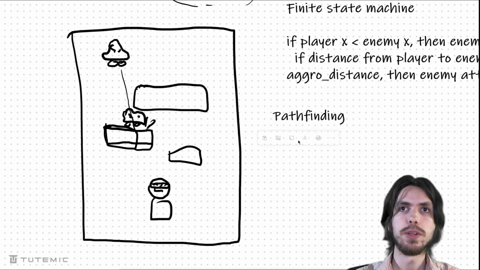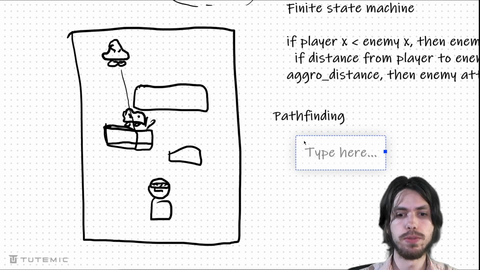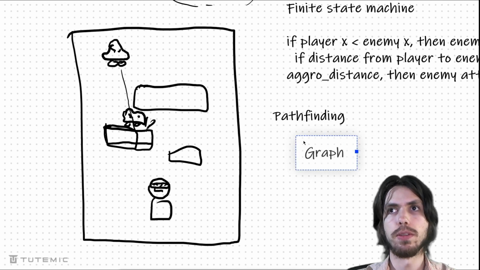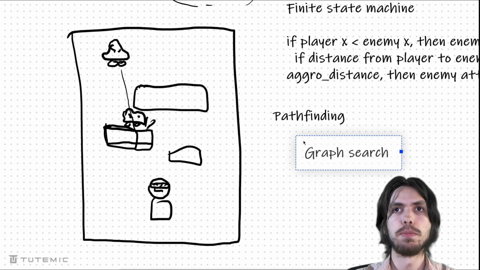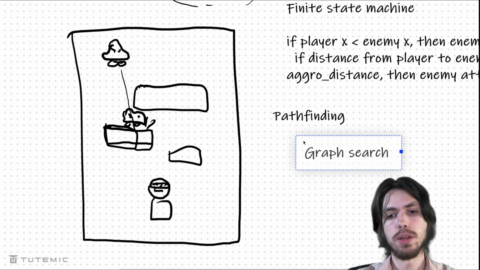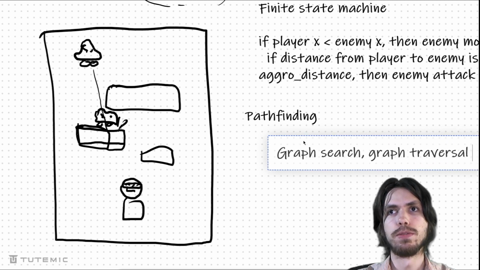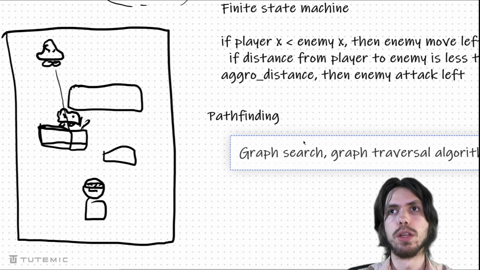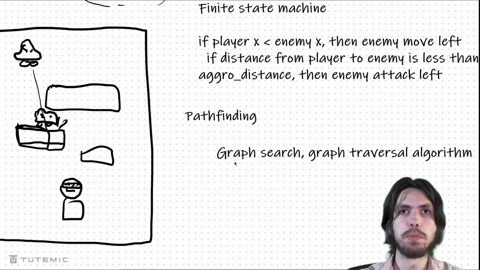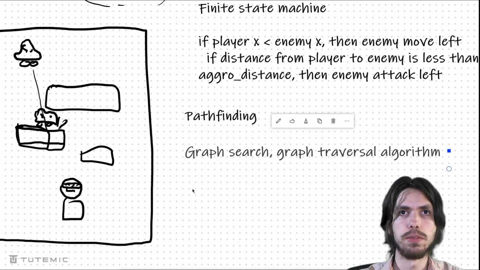Okay, and so when we're talking about pathfinding, I'm just going to go over this very briefly, just so you have the terms. You often have to implement what's called a graph search, or sometimes called a graph traversal algorithm. How do I spell traversal? People will throw these terms around so that they can feel smart.